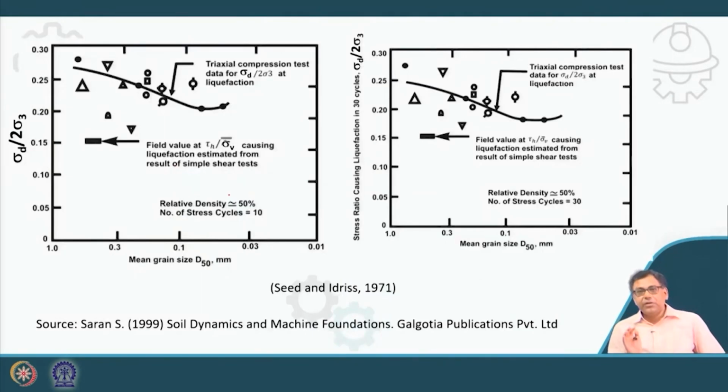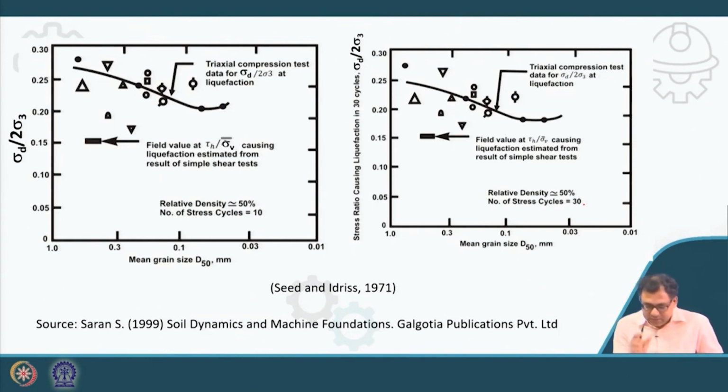Okay. Now for half sigma D, I will use these two charts. Those were developed by Seed and Idris in 1971. The first chart is developed for number of stress cycles 10. The second chart is developed for number of stress cycles 30. Ours is 20.